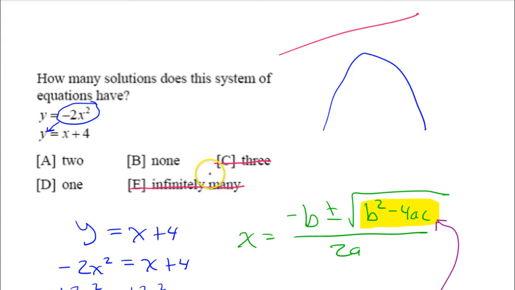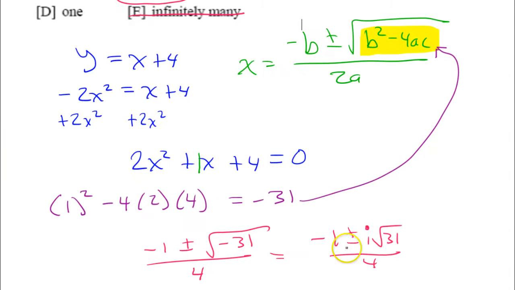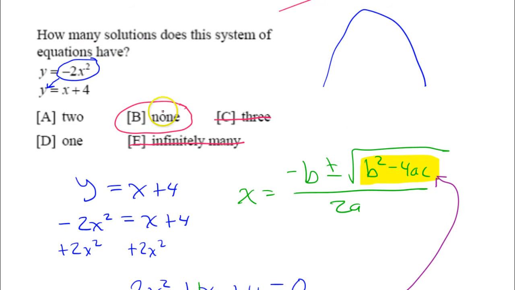Okay, so we are going to say none. Now, I'd be more comfortable when it says how many solutions does this system have? Well, you know what? Never mind my comfort. Imaginary solutions don't count when you're talking about a system because you need an ordered pair. There's no way I could get a y value to go with these imaginary x values, which is what these are. So imaginary solutions mean, when you're talking about a system, no solution. So the answer is B.